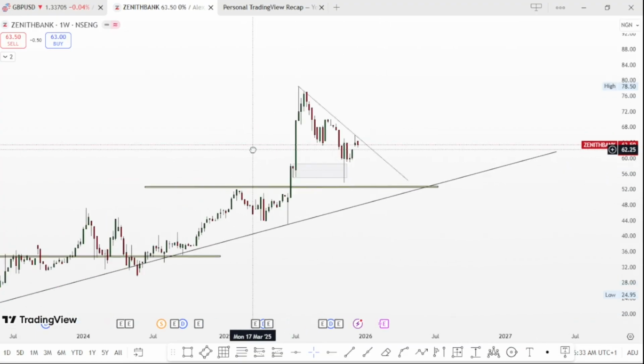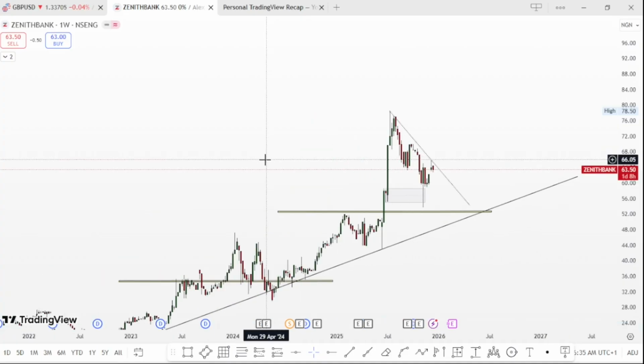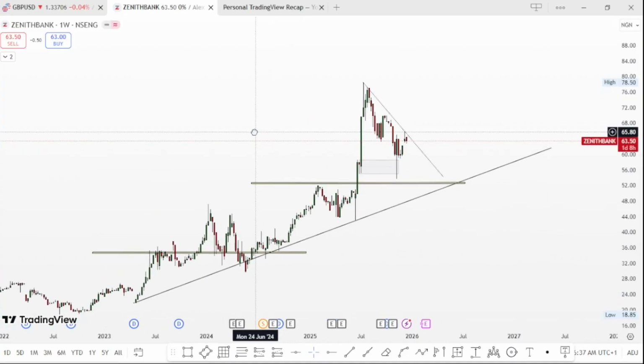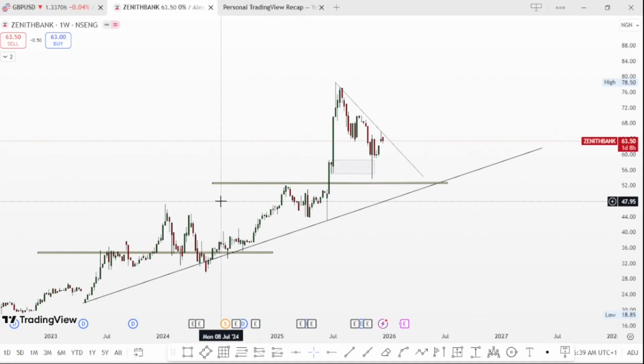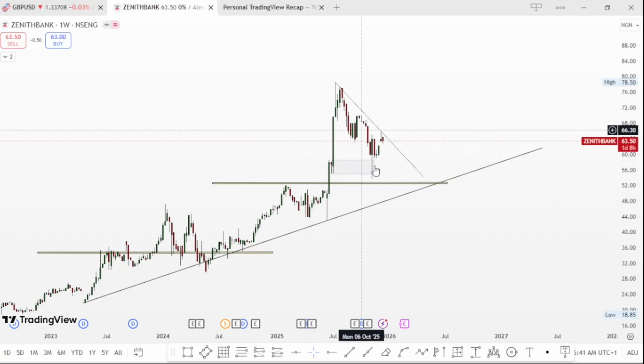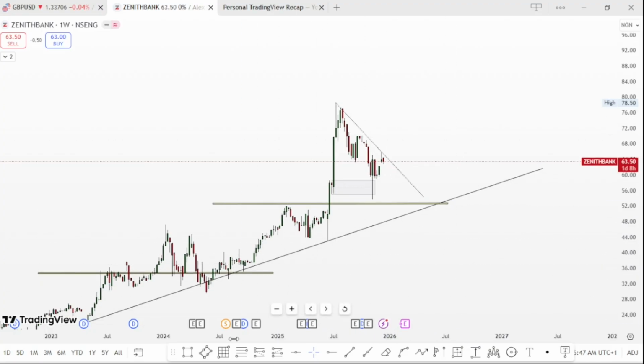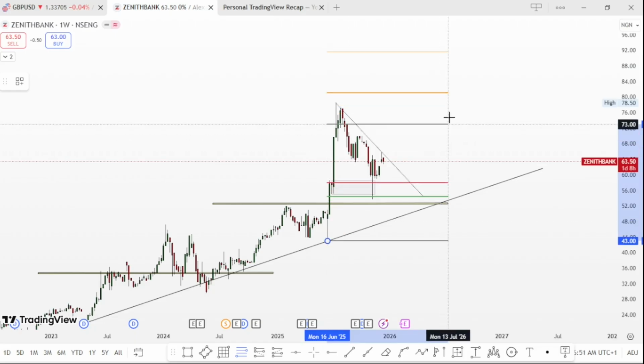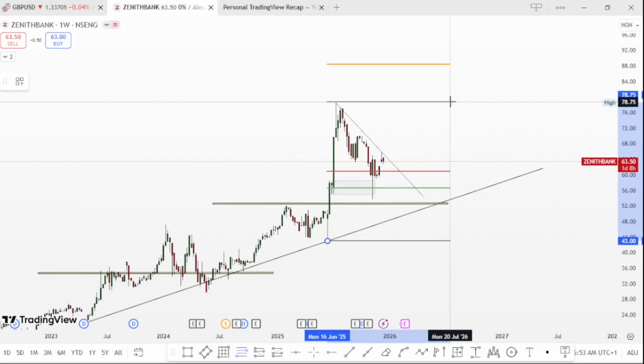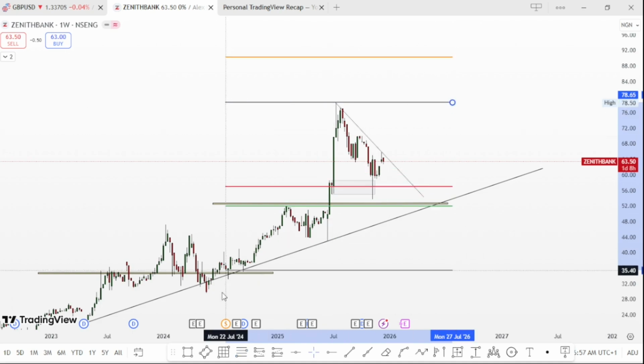If you can see Zenith Bank take out this descending trend line, again, up, the next level target for the upside should be, I draw it from here to here.